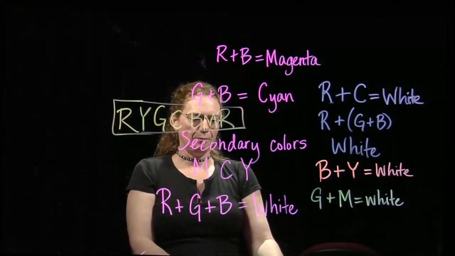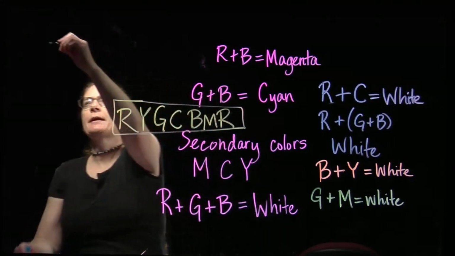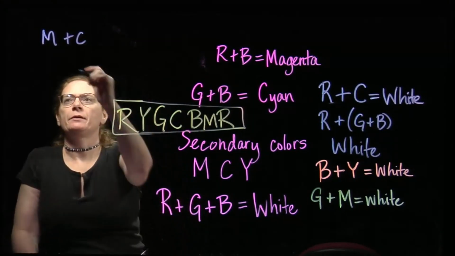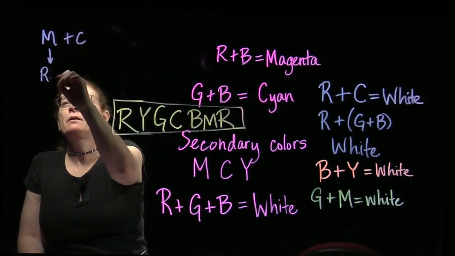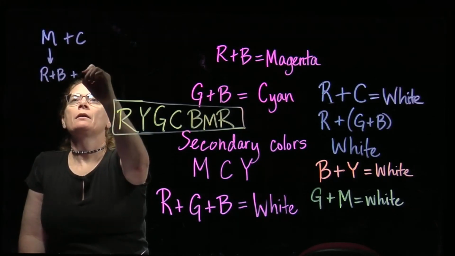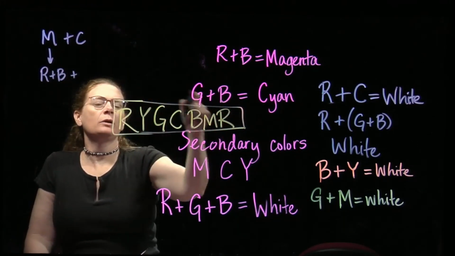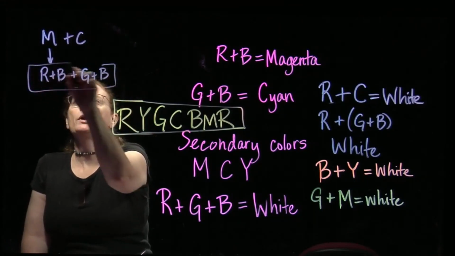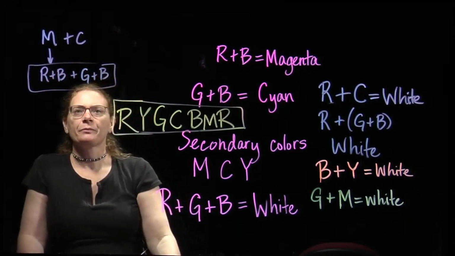To figure that out, I need to figure out what colors I have inside. Well, magenta is a red and a blue, and then I'm going to add cyan, and cyan is green and blue. So this is what I have when I add magenta plus cyan.